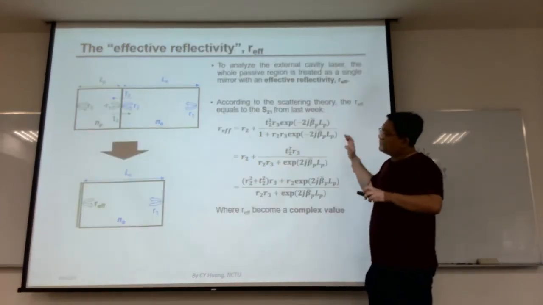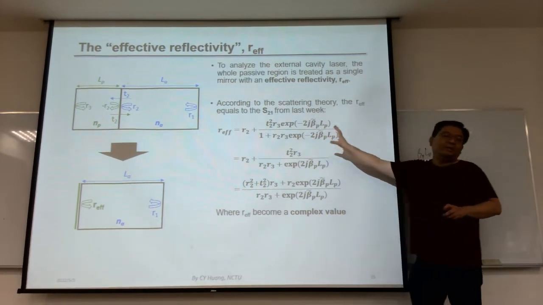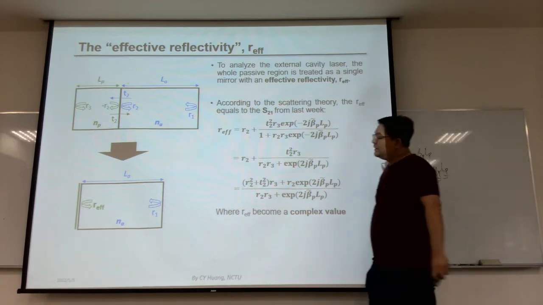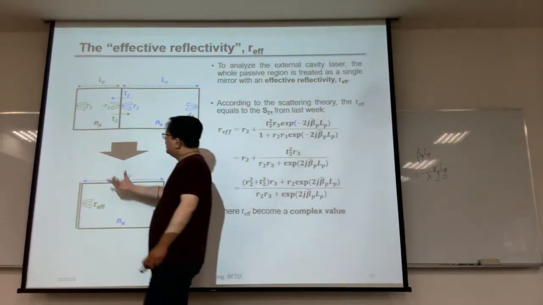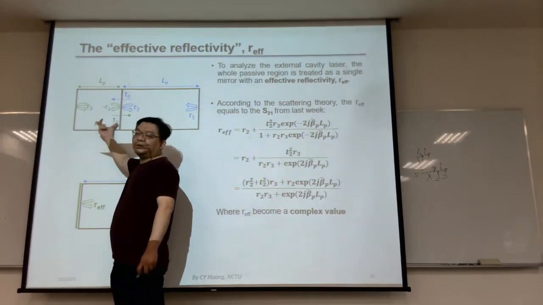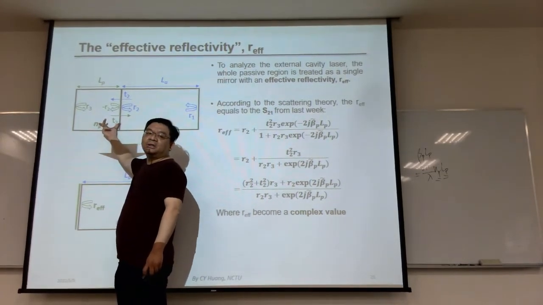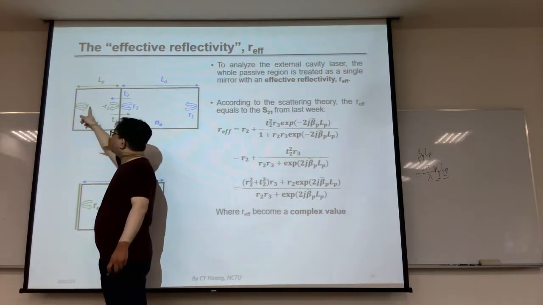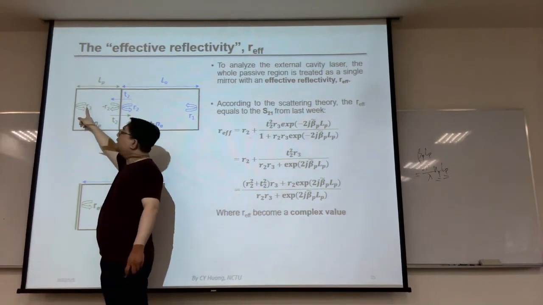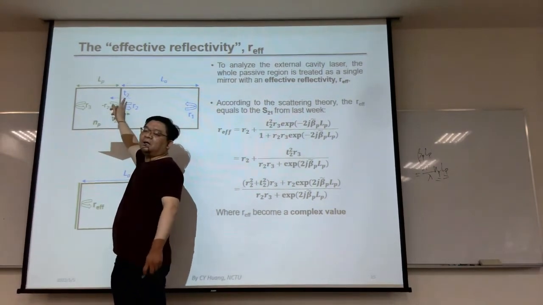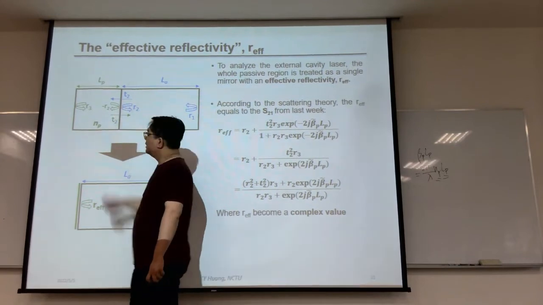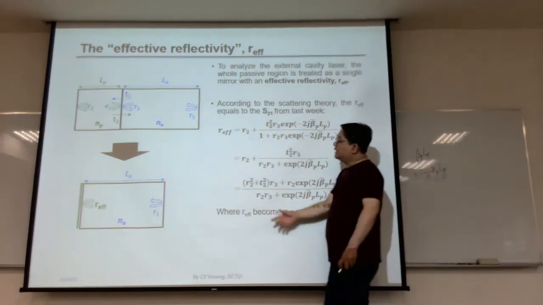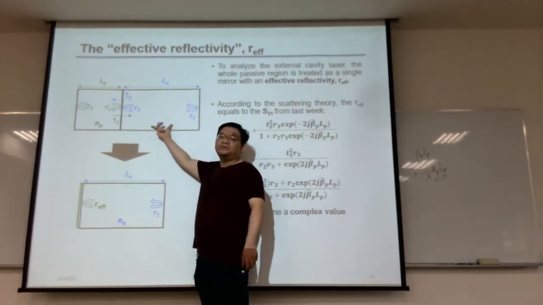You need to double check why this looks a little different from the February lecture. Because in the February lecture, the NP segment has the largest refractive index. So it has a positive R3 here and also a positive reflectivity at both sides. However, for the external cavity, the active region has the largest refractive index.